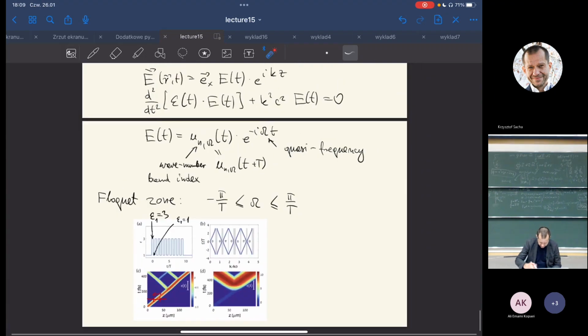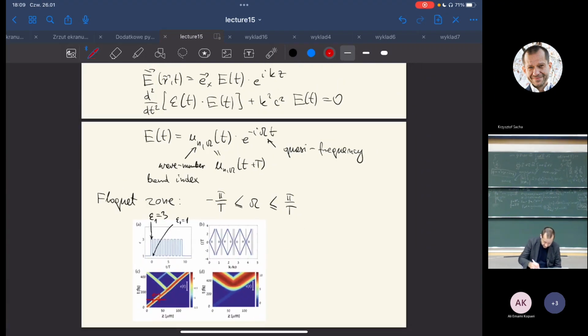And I would like to tell you that concerning topological photonic time crystals, there is a paper by Lustig and co-workers.